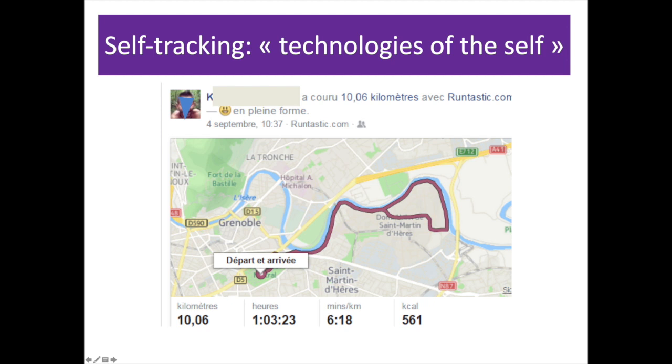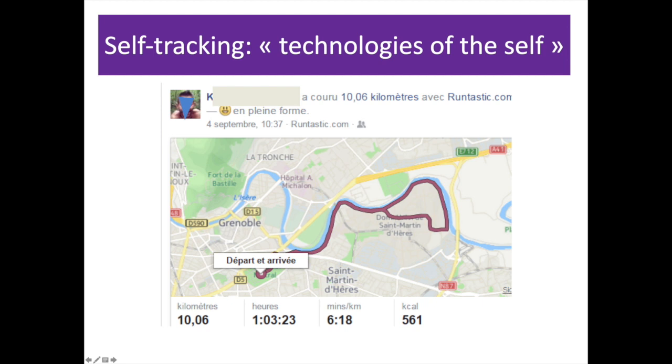So this is self-tracking, and this is really interesting technology because it's something that didn't exist like 10 years ago, and now it's part of our lives, and it makes us aware of some of our consumption or habits and so on.